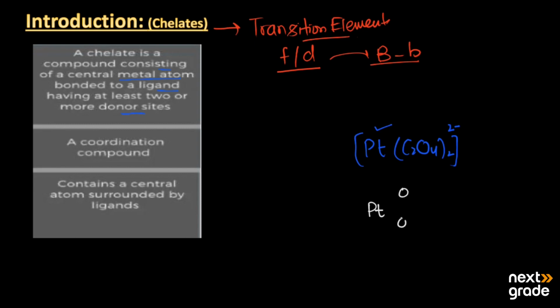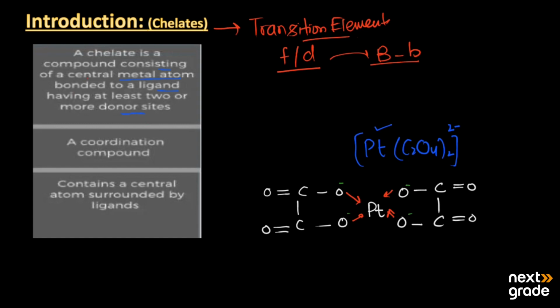Here we have oxygen bonded to carbon, which is bonded to another oxygen, and on the other side we have the same group, carbon with a double bond to oxygen. So both groups are attached. The oxygen carries the negative charge, and these bonds are directed towards the platinum.